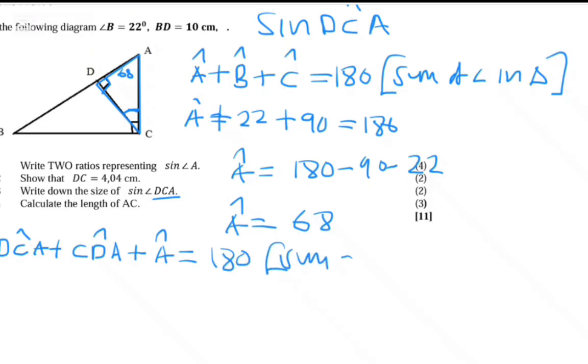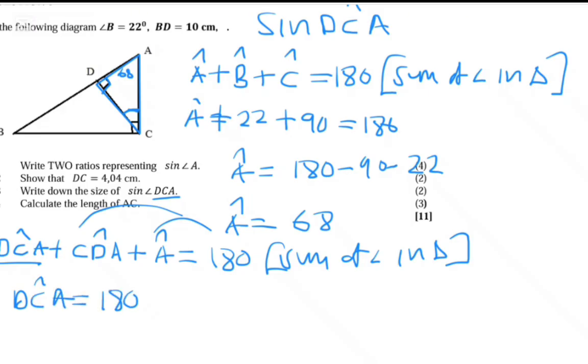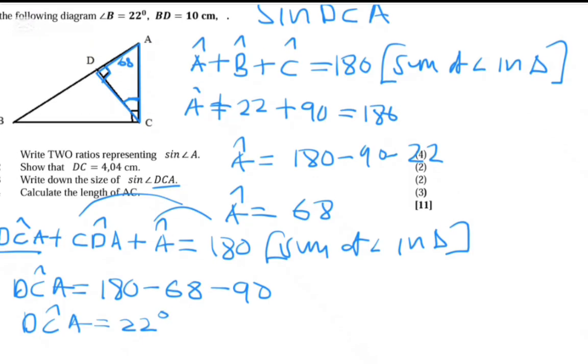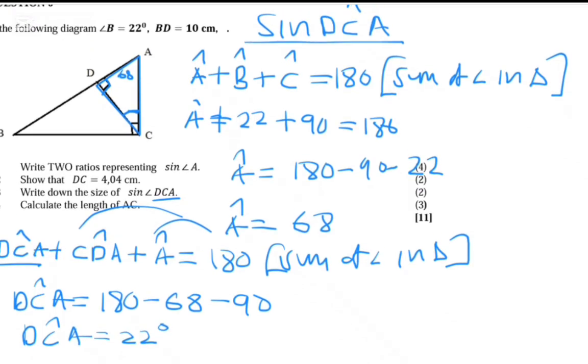The reason is the sum of angles in a triangle. So we're looking for this one, so we're going to take this to the other side and also this to the other side. So DCA is going to be equal to 180 minus 68 minus 90. So DCA is going to be equal to 22 degrees.